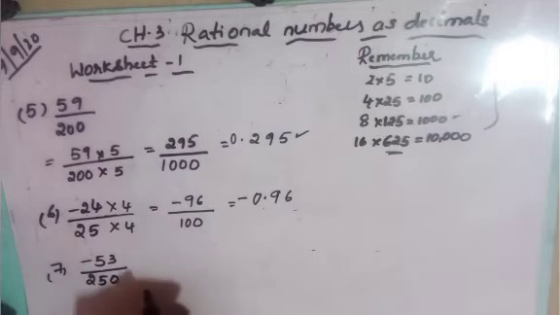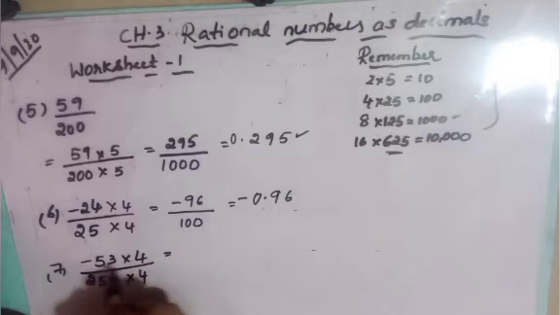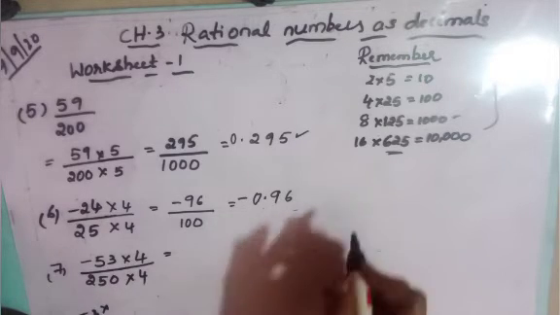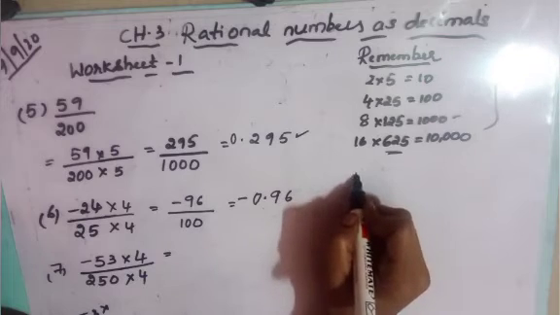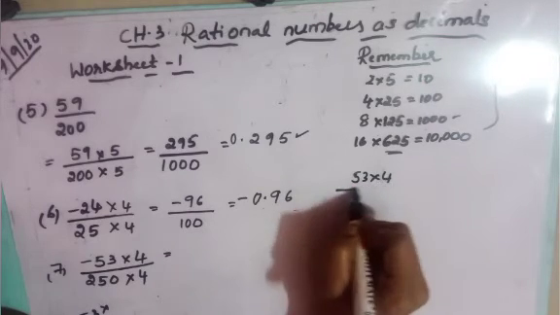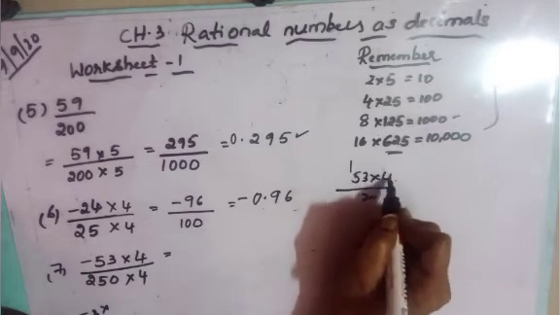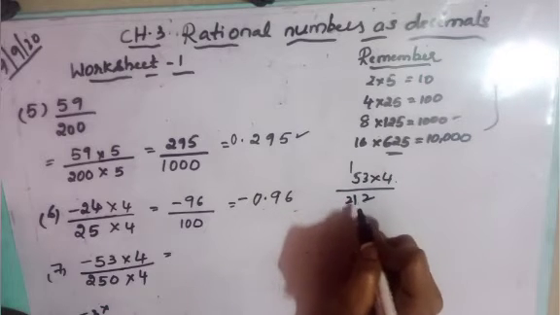Next, let us go for the seventh one, minus 53 divided by 250. Let us multiply numerator and denominator with 4. We are converting the denominator into a power of 10. 53 times 4, so let us multiply here. 53 into 4. 4 3s are 12. 5 4s are 20 plus 1 is 21.